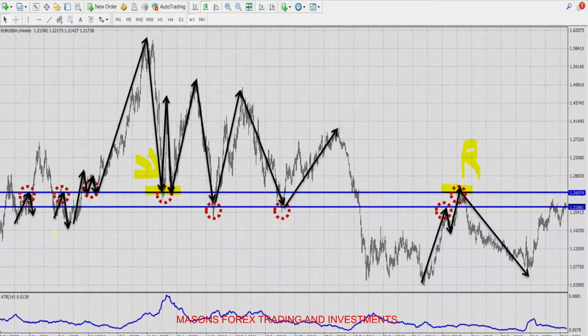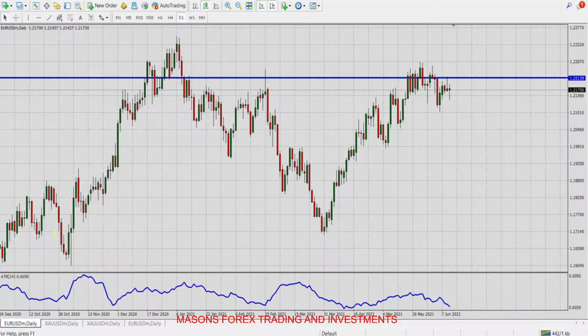So let's move on further. Again, we identify the area and there's a reaction from it. So we're now looking for a potential entry or signal, if you want to call it that.